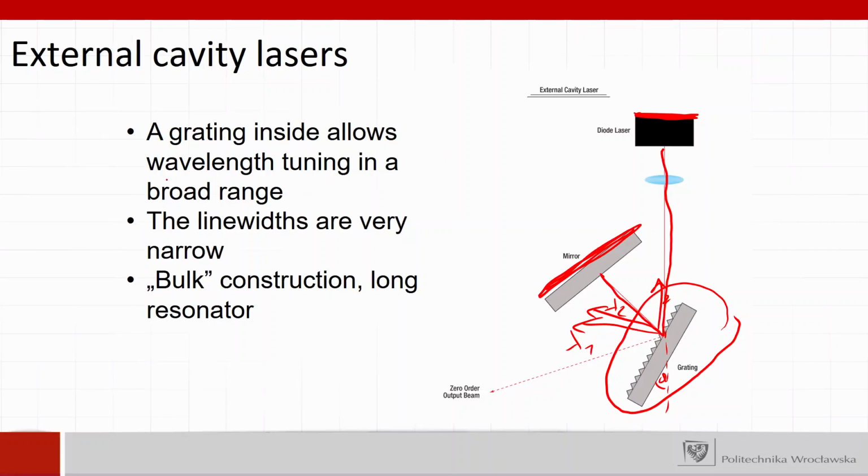So this enables very broadband wavelength tuning. And the linewidths are quite narrow because the grating can select a very tiny portion of the spectrum. However, of course, this is a bulk construction, so it is not integrated because we need a rotating grating. So this is usually quite a large instrument.